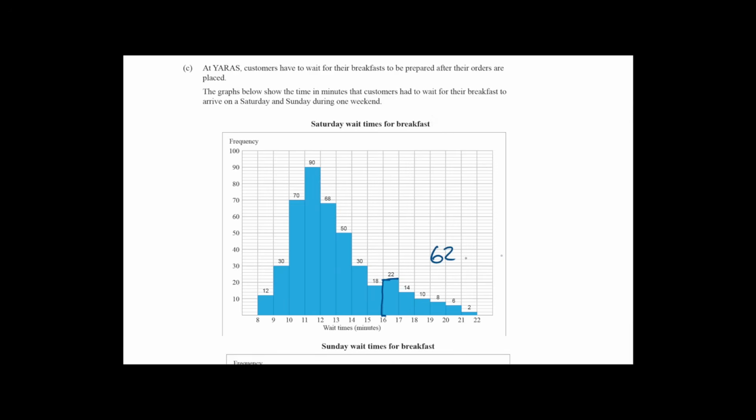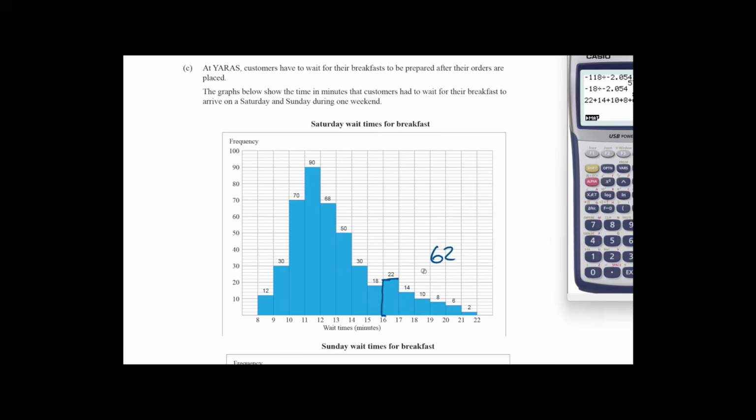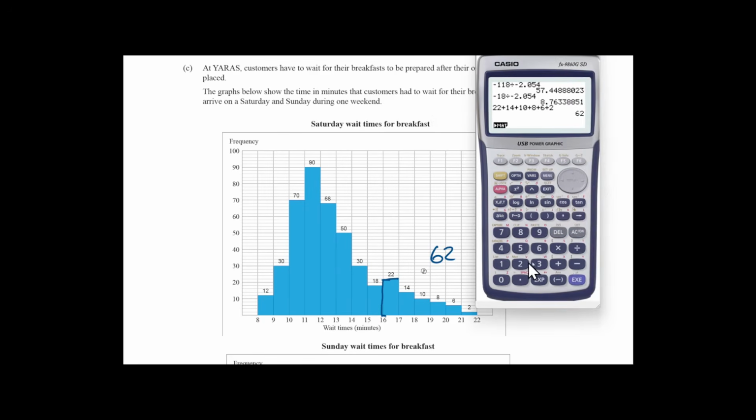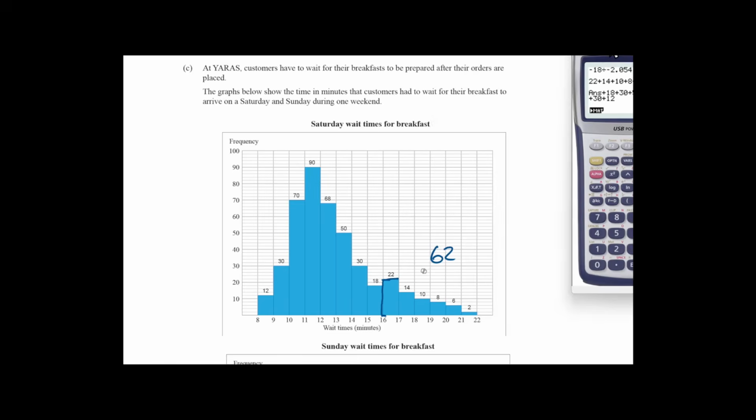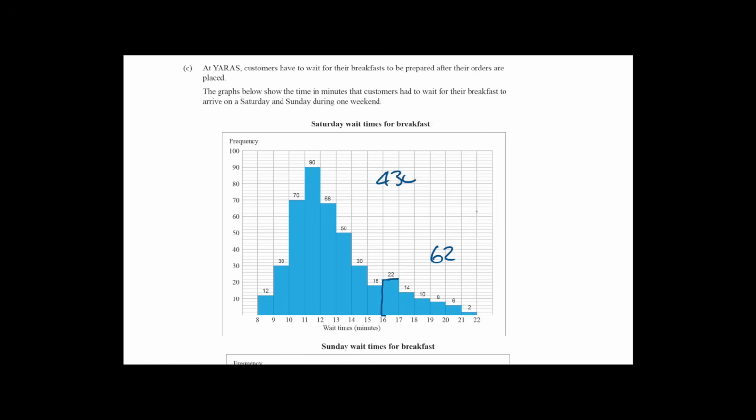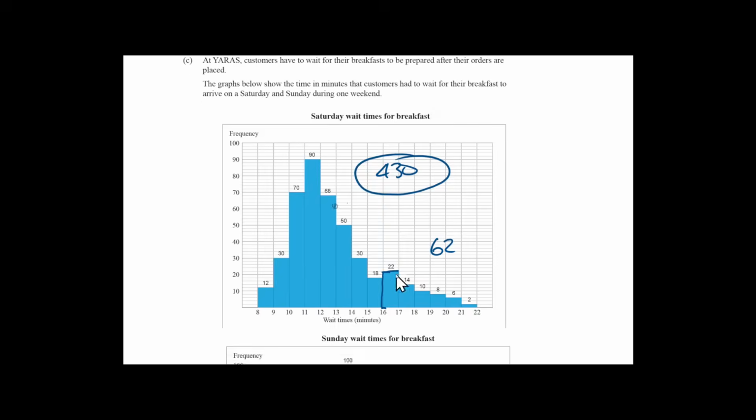So 62 there plus 18 for here plus 30 for here plus 50 for here plus 68 for here plus 90 plus 70 plus 30 plus 12, 430 in total. So 62 over 430.